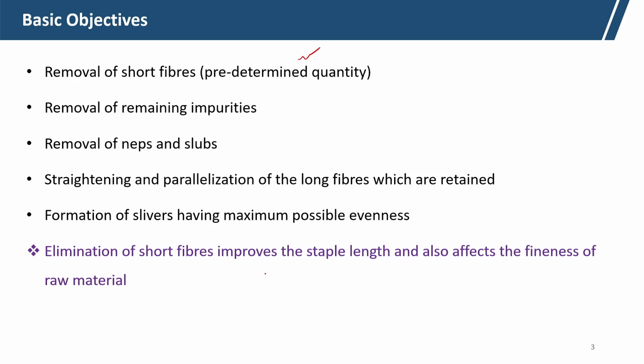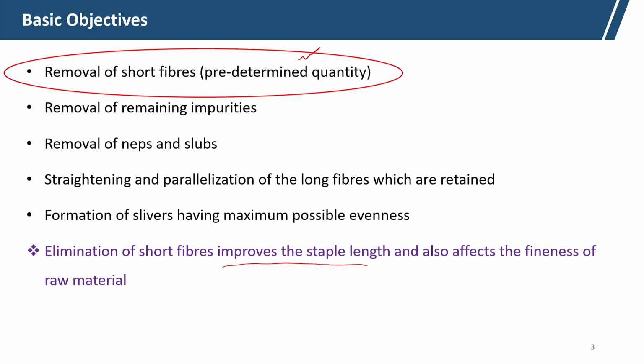The elimination of short fiber improves the staple length, and also affects the fineness of raw material, which we will discuss. So, removal of short fiber is the prime objective, and whatever else we get, impurity, naps, slabs removal, straightening of fibers, we automatically get all these objectives.